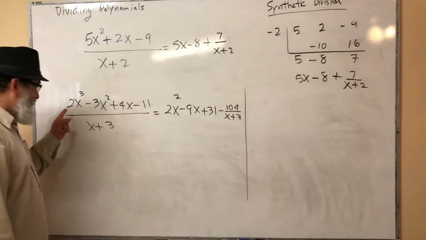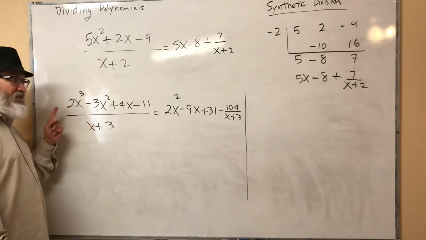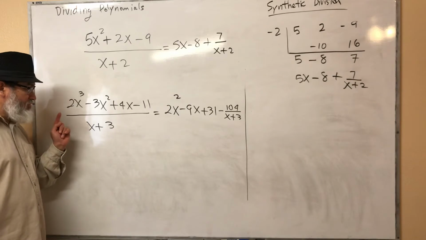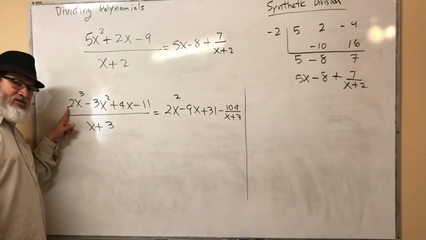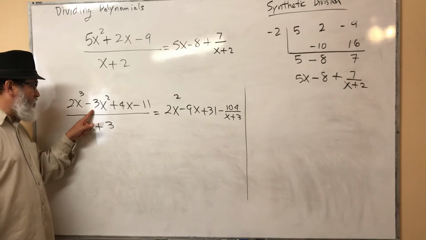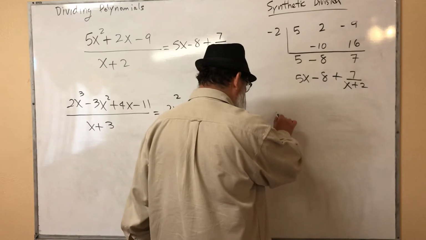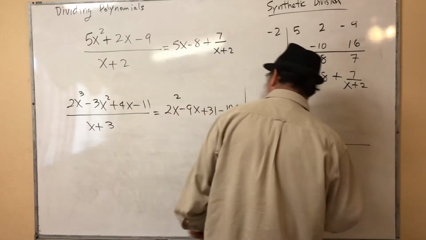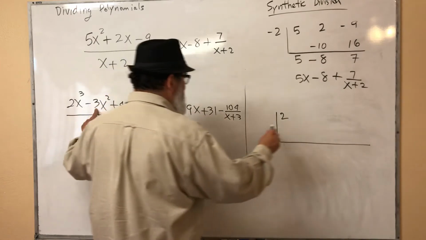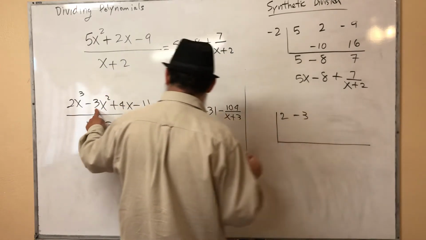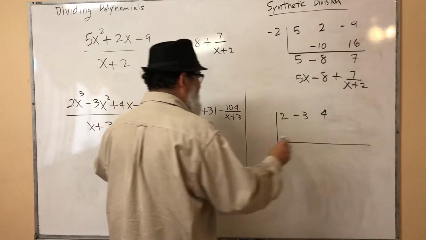Hey, let's do this one with synthetic division. Synthetic division, guys. Okay, we can do that. Let's take the coefficients. Take 2, negative 3, 4, and negative 11.